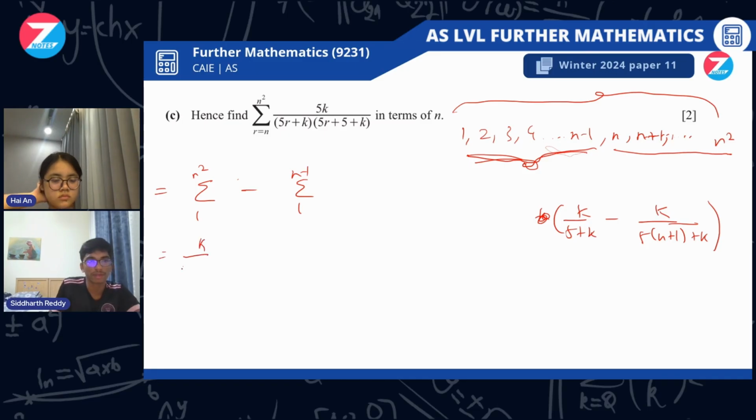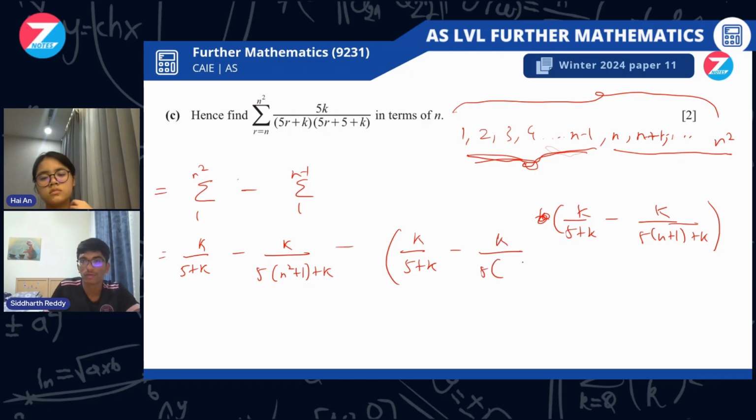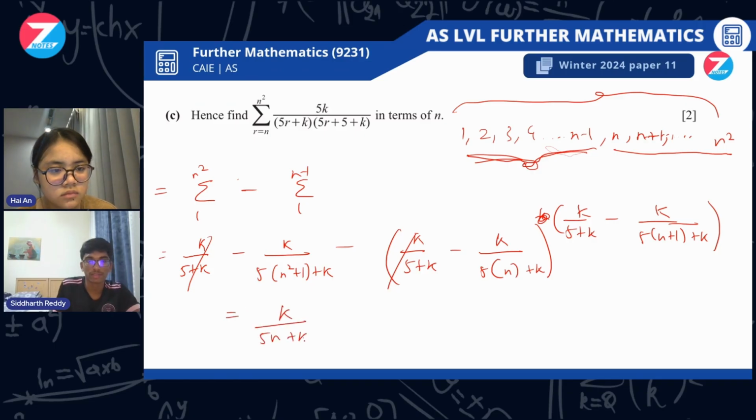So k by 5 plus k minus k by 5 into n square plus 1 plus k, minus k by 5 plus k minus k by 5 into, if we substitute n minus 1 over here, it's n minus 1 plus 1, which is just n plus k. So this k by 5 plus k and this one cancel out. So we're left with k by 5n plus k minus k by 5n square plus 5 plus k.